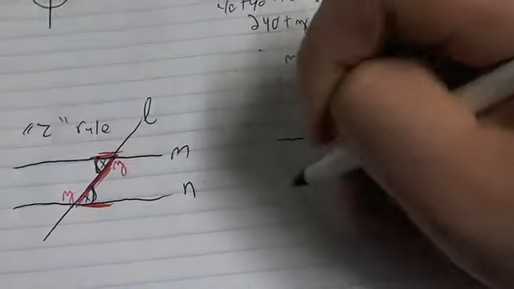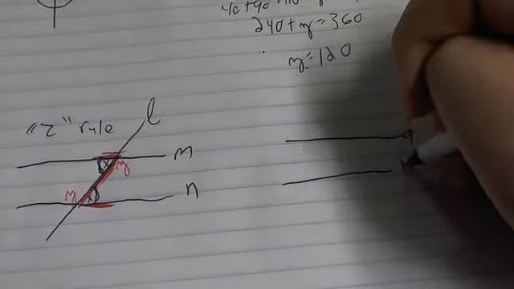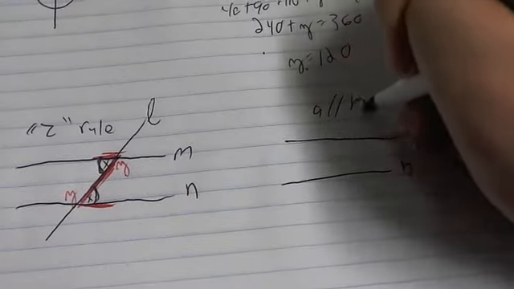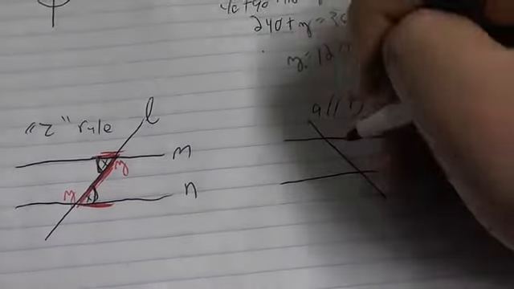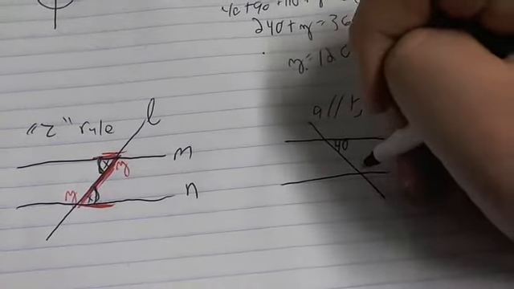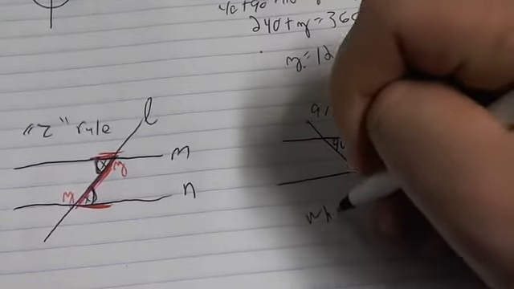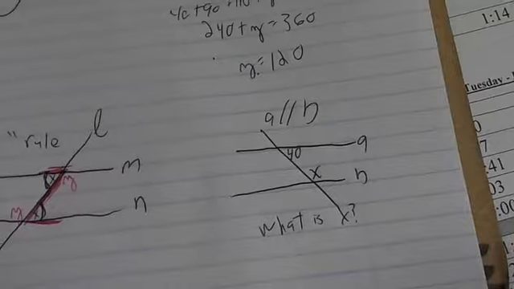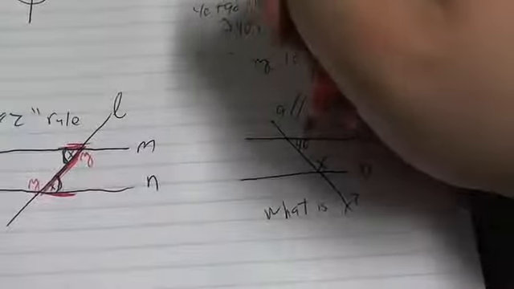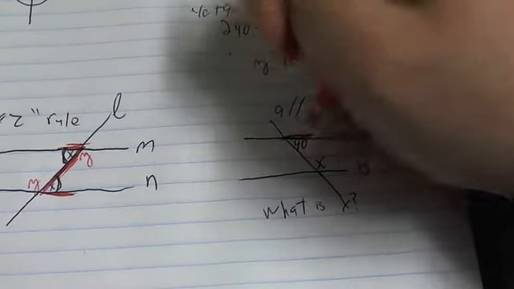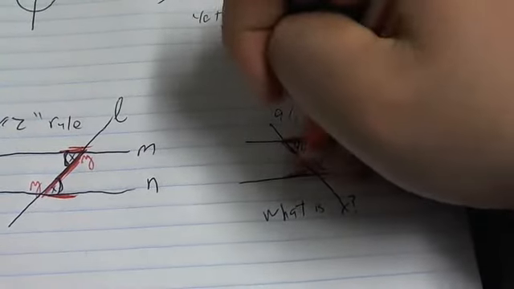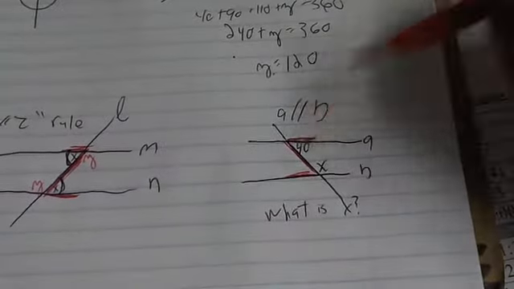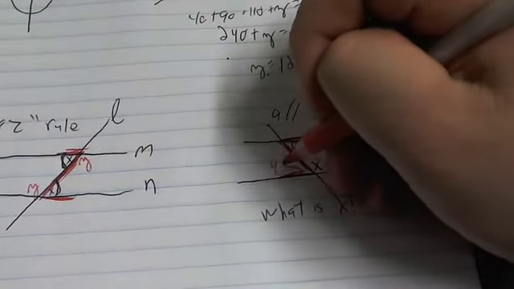Okay, so let's do an example. Let's say A and B. A is parallel to B. This is 40. This is x. What is x? Now this is where we apply the Z. Even though it's backwards, it's still a Z. So this is 40, then this right here has to be 40.